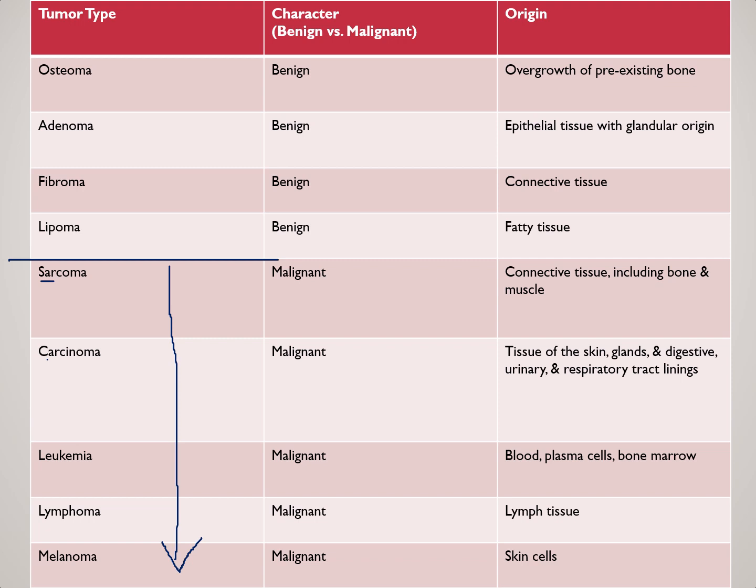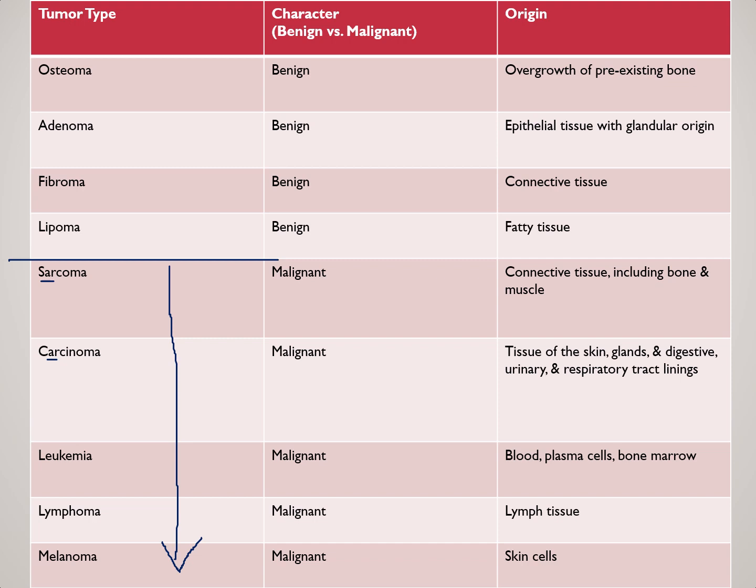Sarcoma, carcinoma. I just remember the ones that contain AR, they are malignant. They are cancerous. Carcinoma is also malignant, and its origin is the skin, glands, digestive tract, urinary tract, and respiratory tract lining.